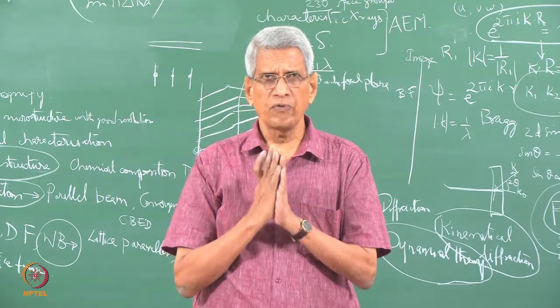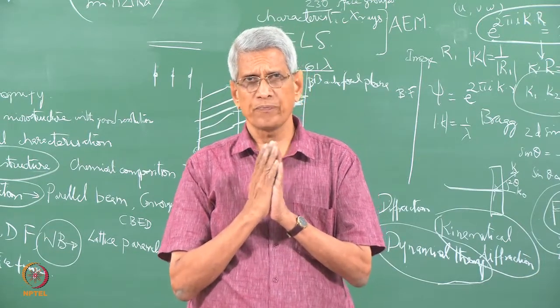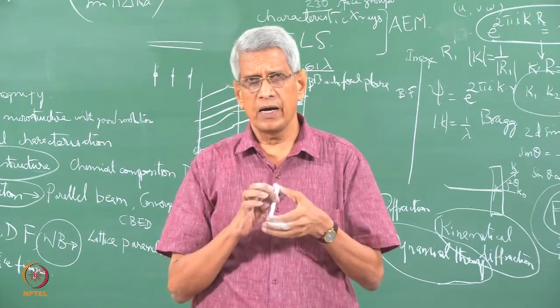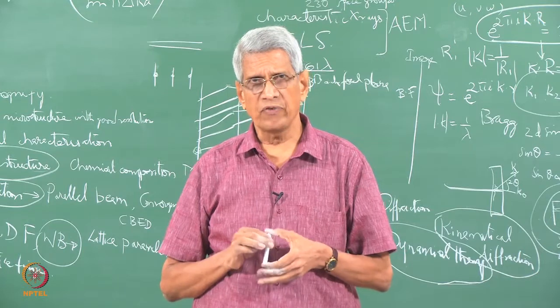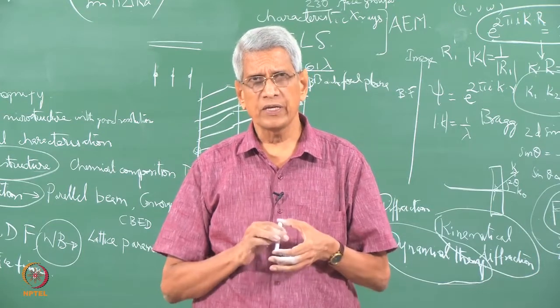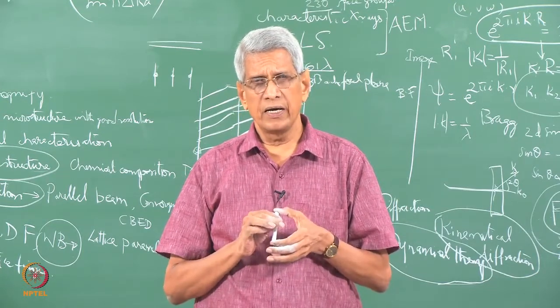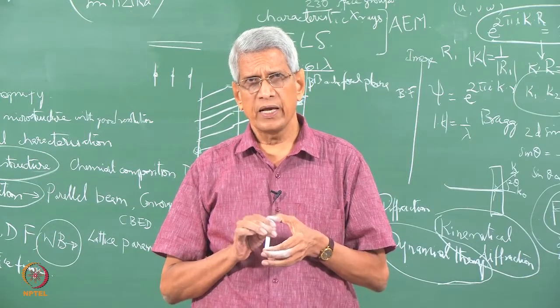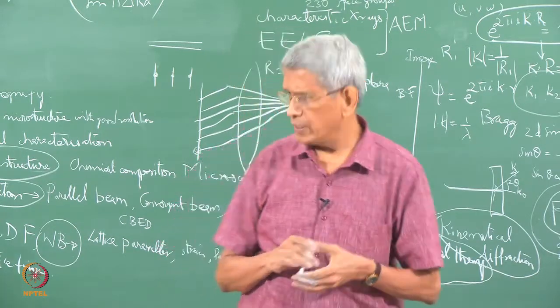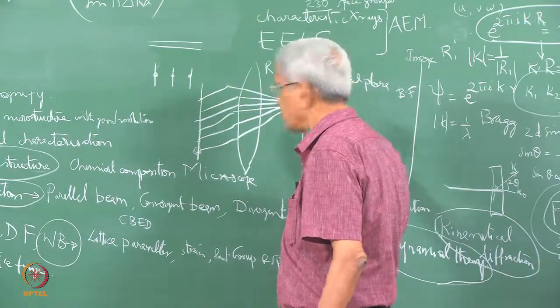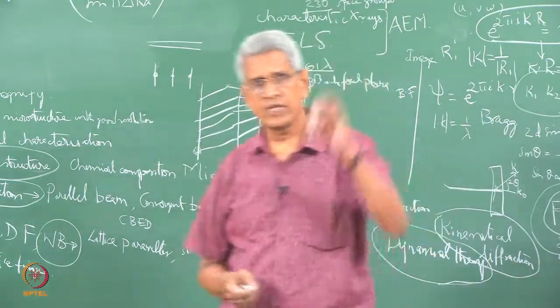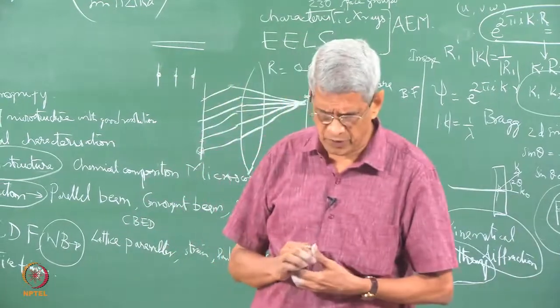Suppose we want to quantify or characterize a particular type of defect, then we have to image the defect using different g vectors. In that case, we use a two beam condition, that is one central beam and a diffracted beam.